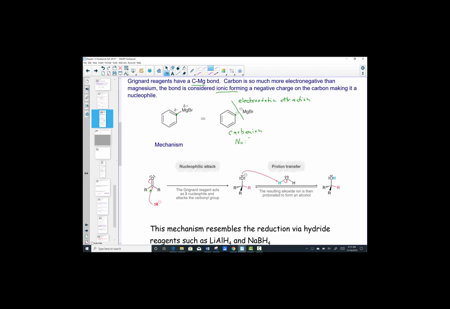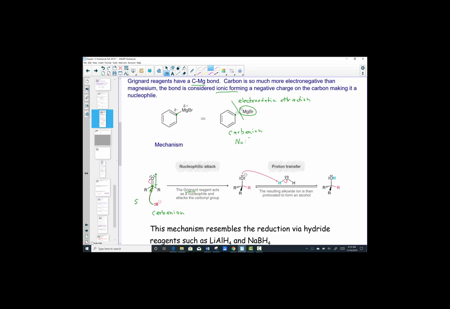But with a Grignard reagent, we have a carbanion, produced from the introduction of magnesium, creating an ionic bond. The carbanion then attacks the carbon in this position. This is the carbonyl carbon. Remember, the oxygen is a very strong electron withdrawing group, so this carbon is considered electrophilic. The positive charge is the attack site for the carbanion.